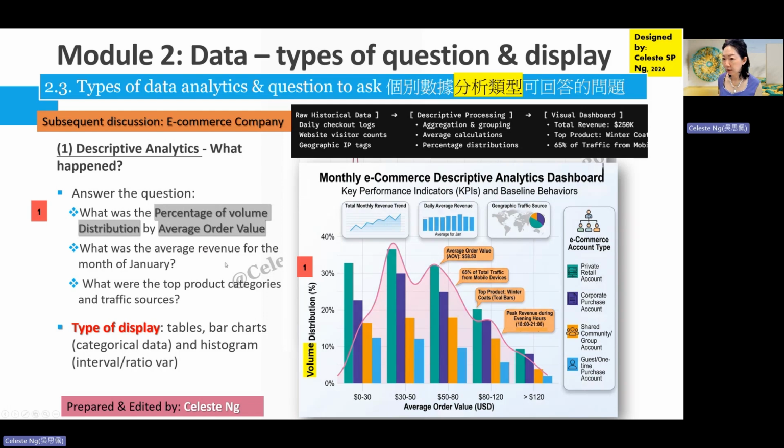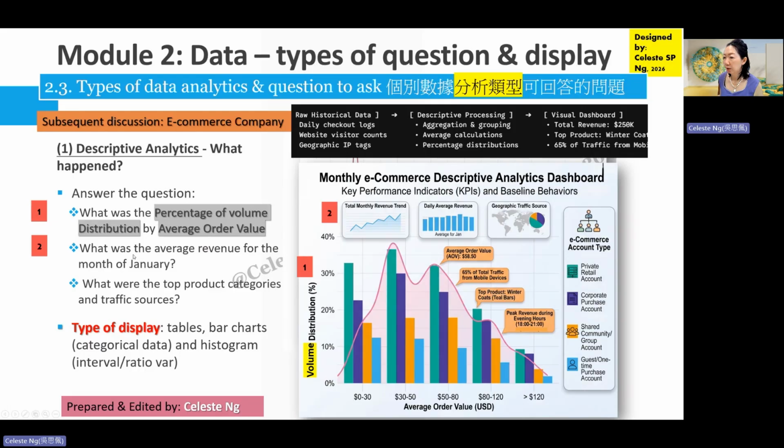Then the second question answered under descriptive analytics is: what was the average revenue for the month of January? Here we can see several small charts shown on top, describing the monthly revenue and also the average revenue for January.